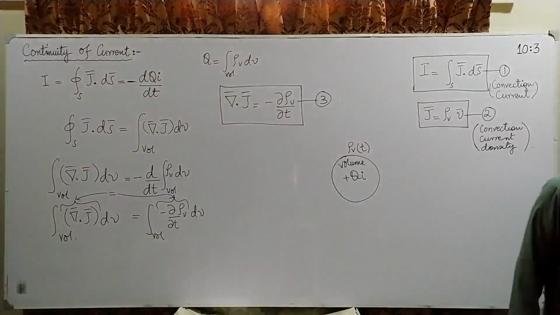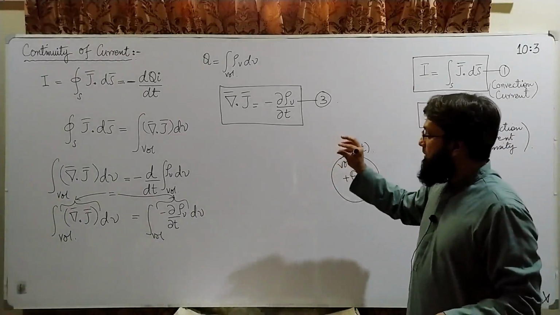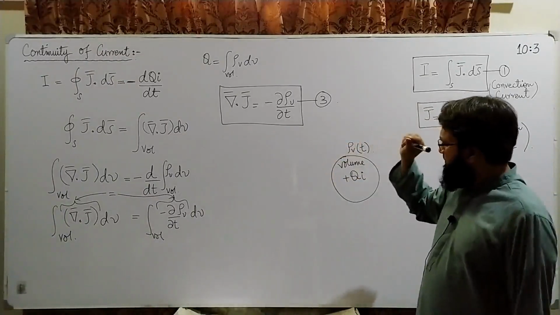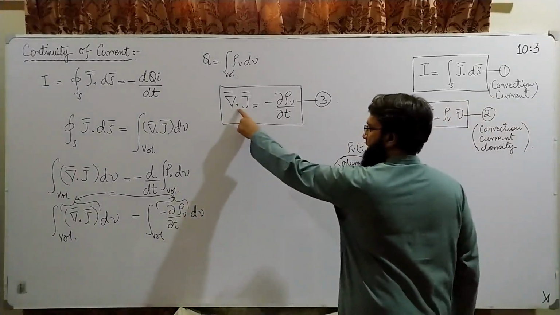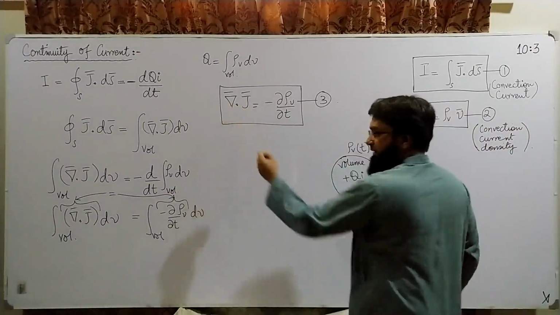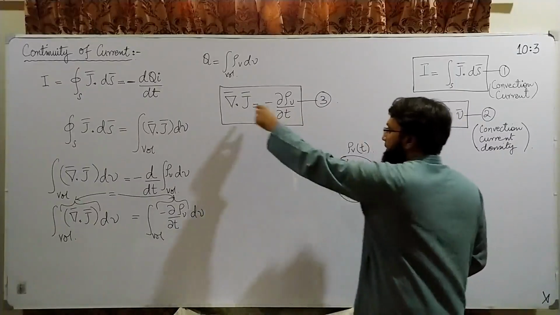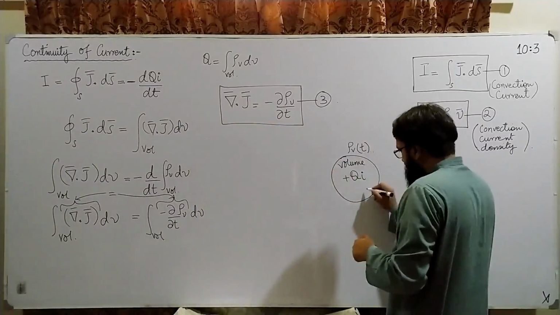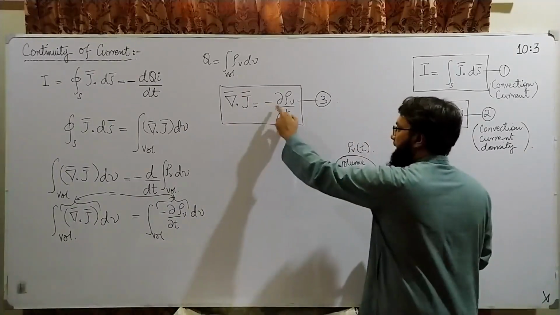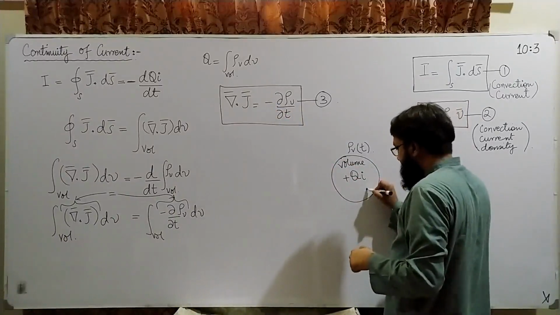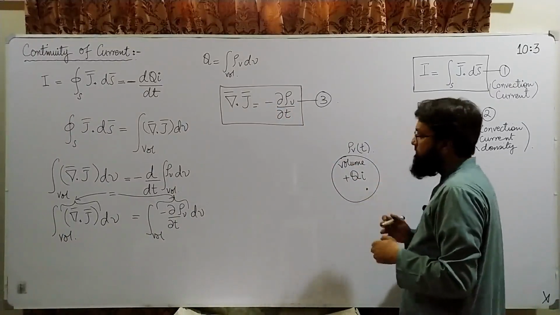Or if we talk about the same fact in terms of differential entities, or in terms of a point, we will say that the divergence of current density at any point within this volume is equal to the rate at which charge density is decreasing within this volume at the same point.